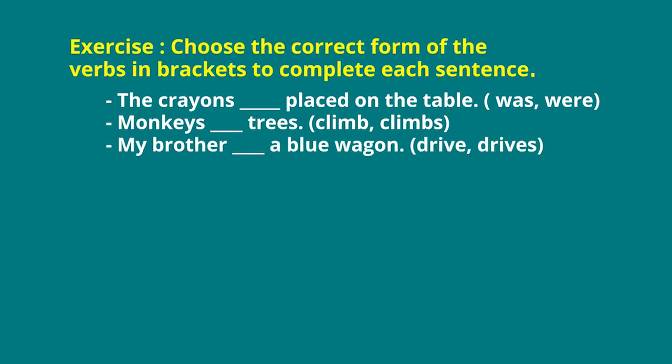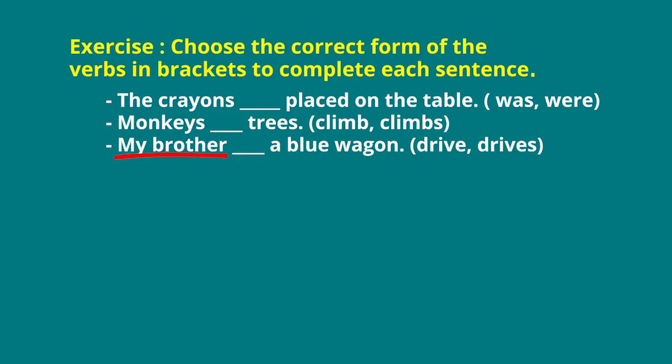Let's go on. My brother something a blue wagon. Our verbs are drive and drives. But again, we must ask ourselves, what is the subject of this sentence? We can see that the subject of the sentence is my brother.